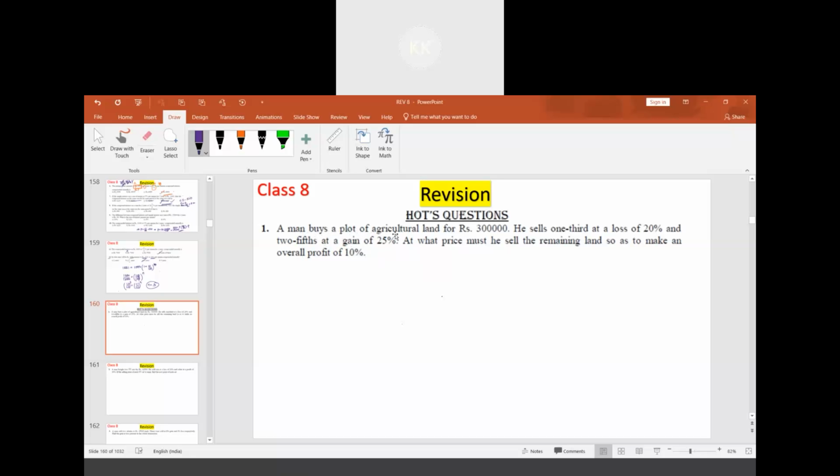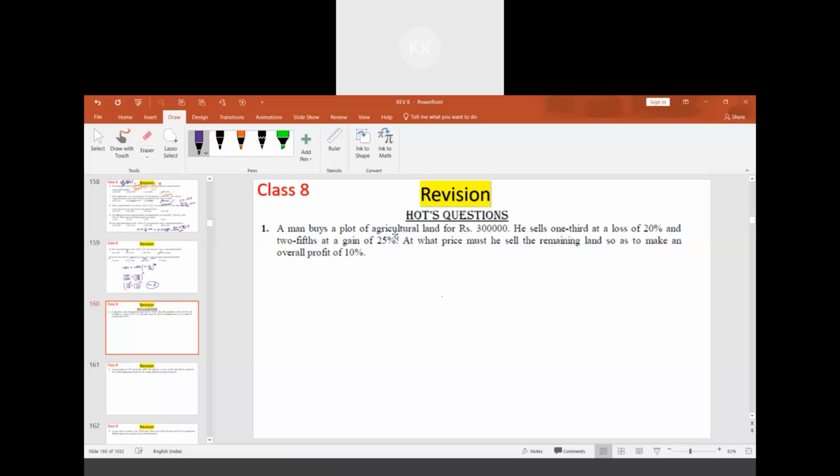He sells 1/3 at a loss of 20%, 2/5 at a gain of 25%. At what price must he sell the remaining land so as to make an overall profit of 10%?